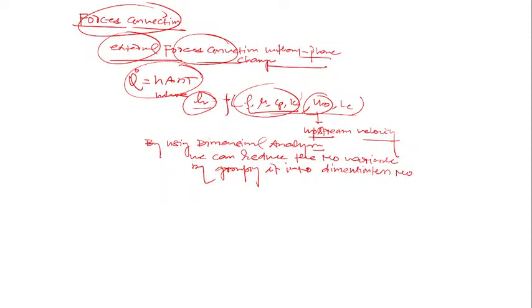The methods used to do this are called the Buckingham Pi method and the Rayleigh method.